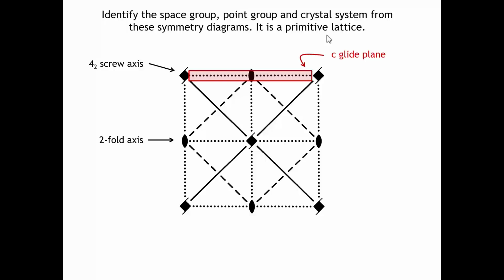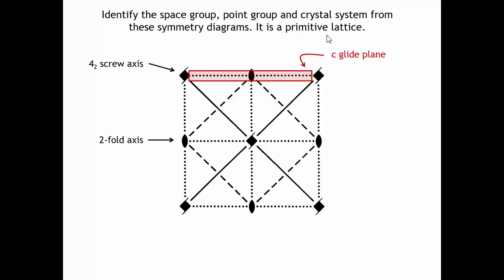And what we see is, in those directions, we have this dotted line, which is a glide plane. And the dotted line tells us that the glide is coming out at us from the plane of the projection. And the direction out at us is the C direction. So that is a C glide plane. And we have it both vertically and horizontally.